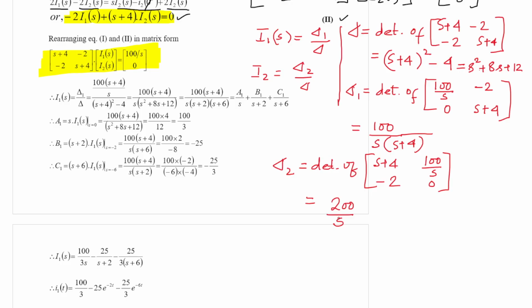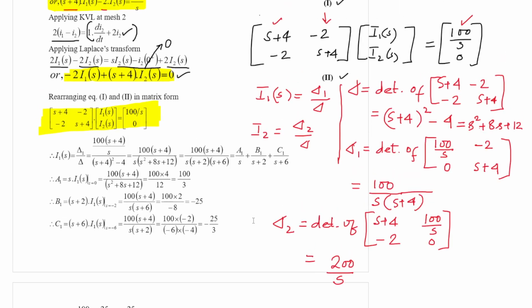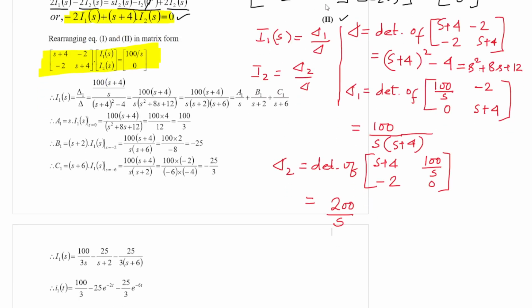So we have evaluated all the terms. So I1, if you substitute delta 1 by delta, I1 s should be delta 1 by delta. So what is delta 1? 100 by s into s plus 4.